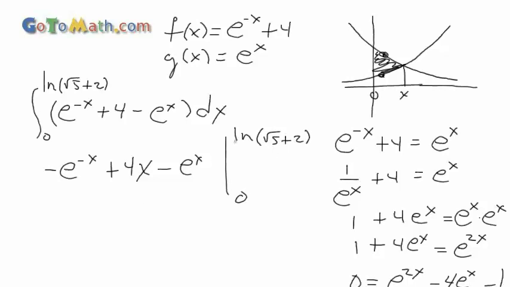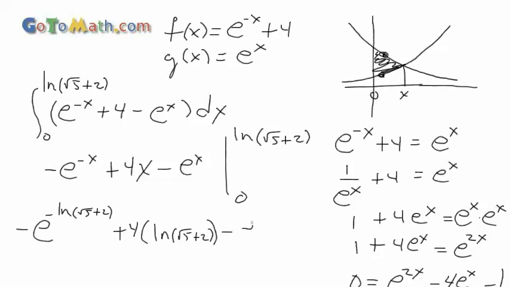So now what we'll do is we'll plug everything in. So we got negative e to the negative natural log of the square root of 5 plus 2, plus 4 times the natural log of the square root of 5 plus 2. Close that parentheses up.